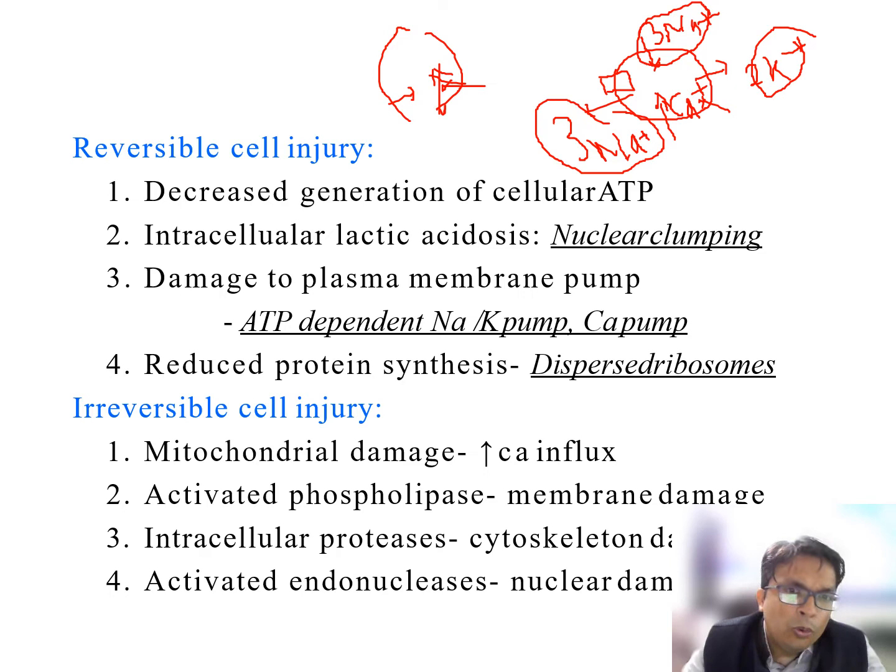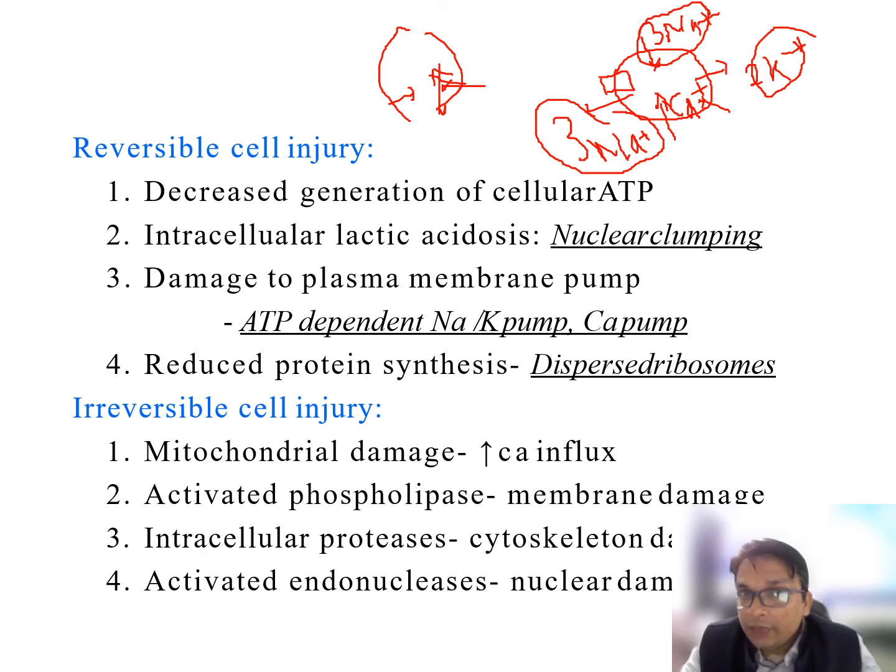Normally they won't get overactivated, but if there is an injury, phospholipase gets overactivated, which will break down phospholipid, the content which makes the cellular membrane. As we know, lipase is an enzyme that breaks down phospholipid, so it will break down the cellular membrane, which results in cellular injury.